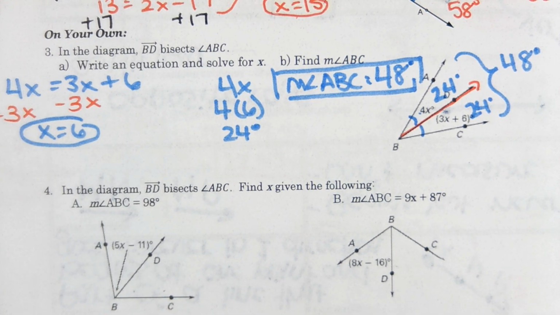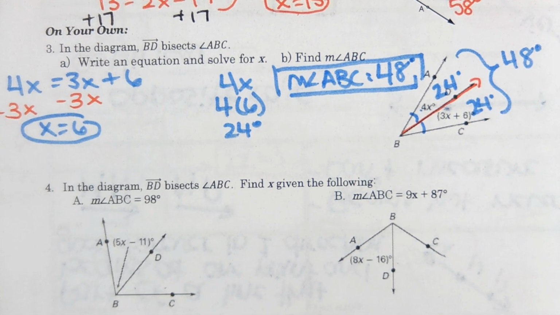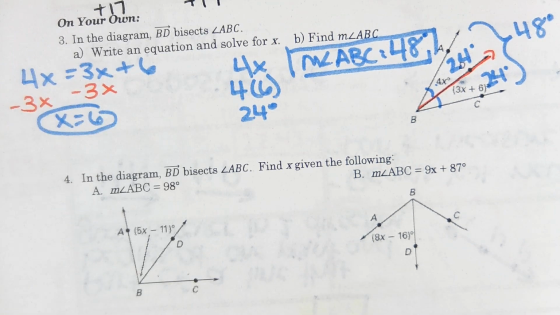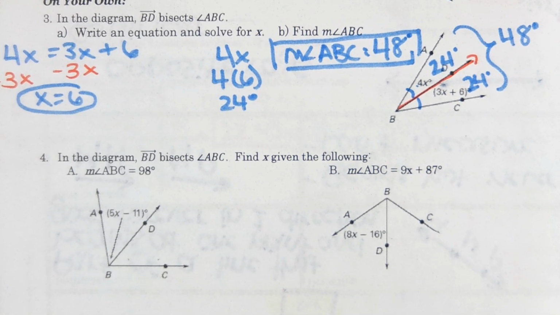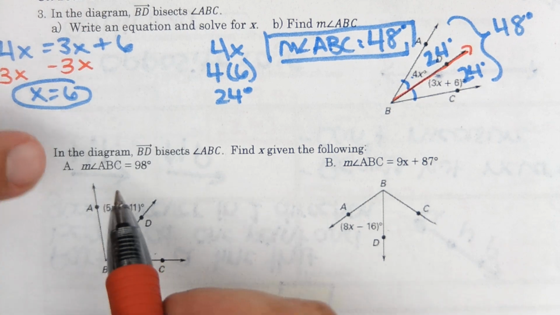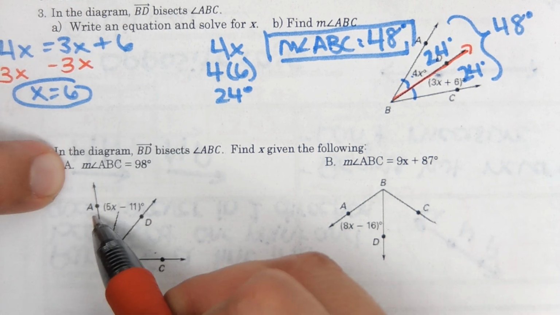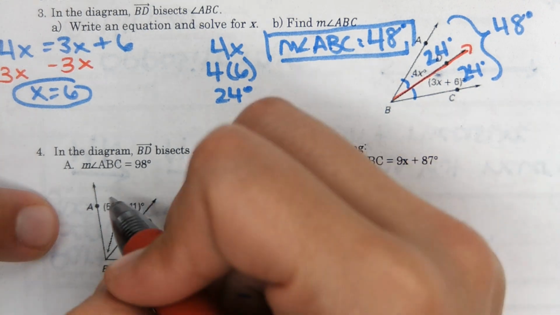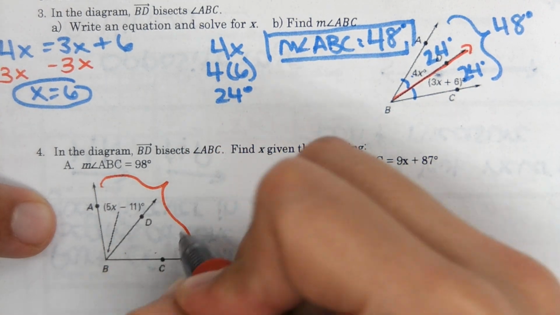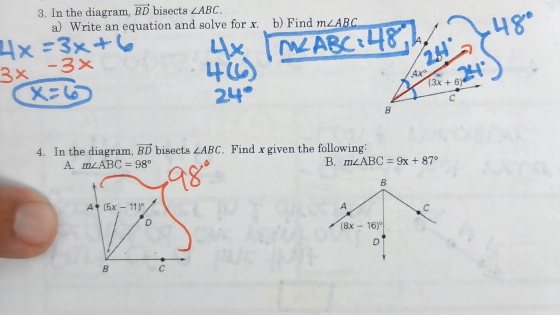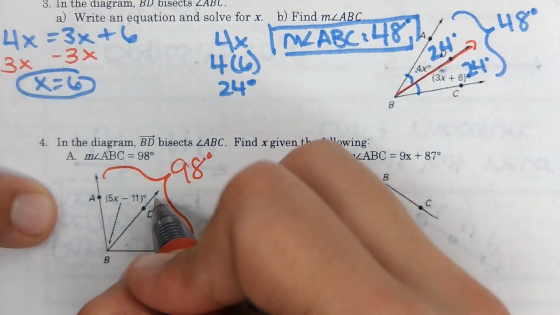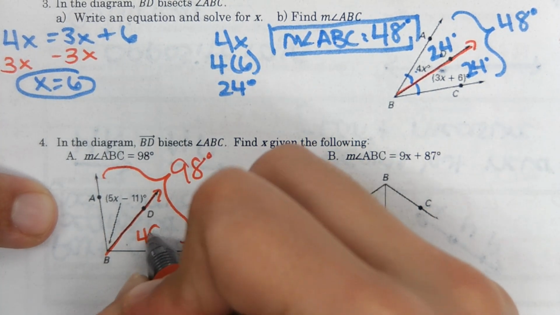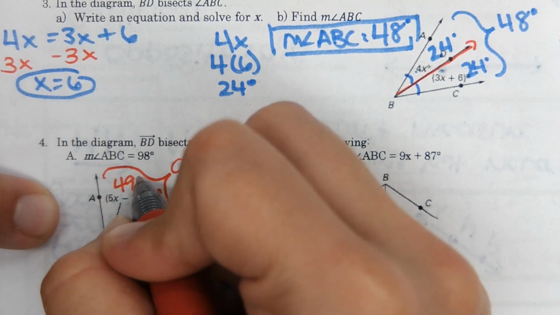Okay, number 4, A and B. It takes you through some of the what ifs. Same kind of concept, it's just a slightly different setup. It says measure of ABC is 98 degrees. What is the value of x? Well, if the whole thing is 98 degrees, and BD is a bisector, then this would be 49 degrees and this would be 49 degrees.